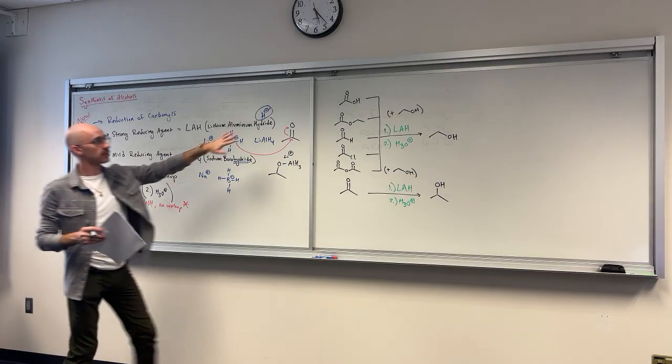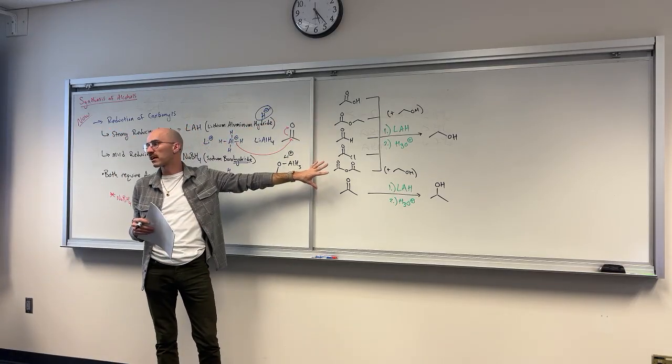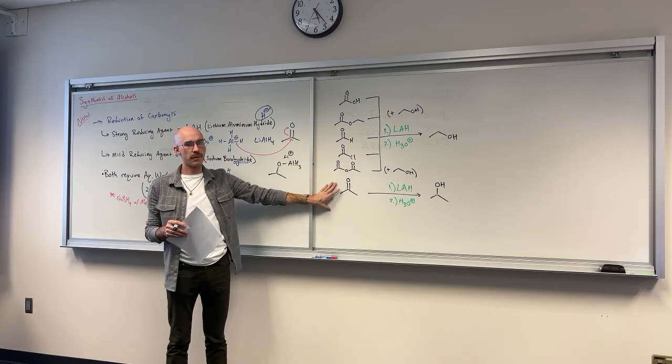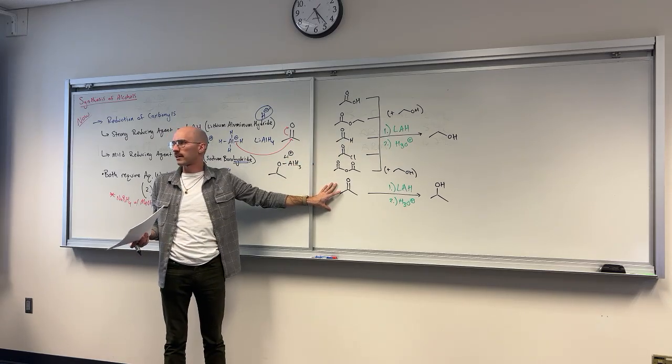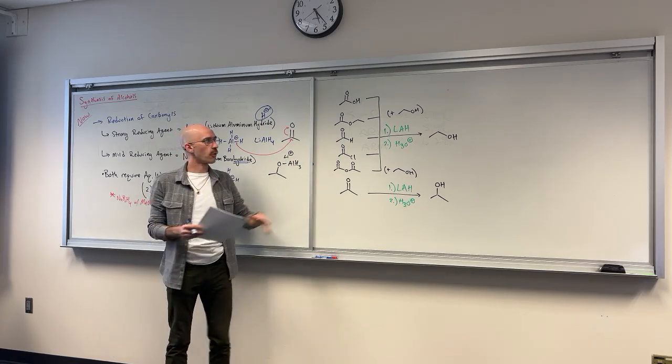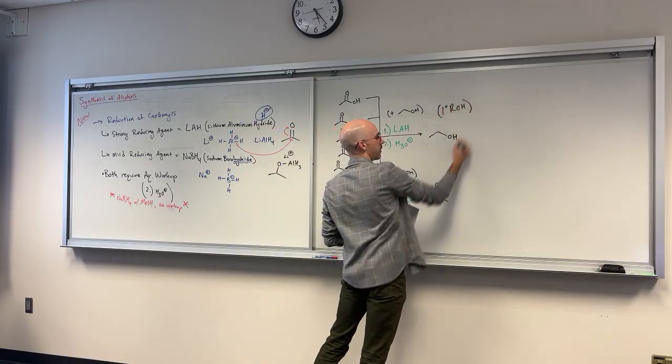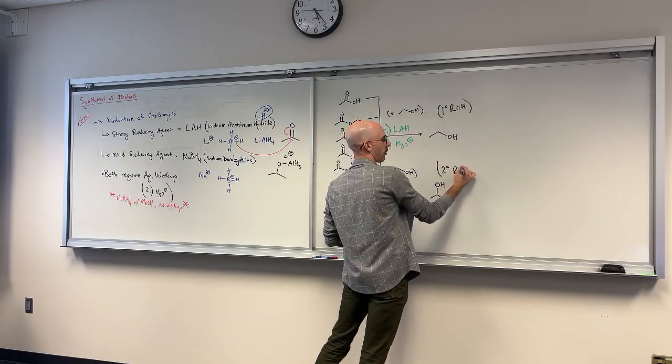On the left, primary carbonyls, on the top, primary carbonyls, and on the bottom are one and only secondary carbonyls. These are ways of making primary alcohols and secondary alcohols.